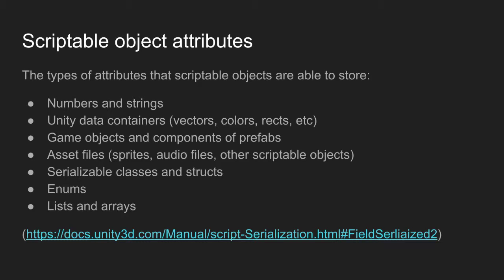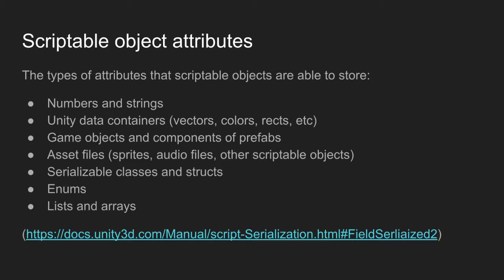You can reference serializable classes and structs, which, if you came to my other workshop, are basically classes or structs that you apply the System.Serializable attribute to, which lets you edit their values in the Unity inspector and also convert them to JSON and store them in scriptable objects and other fun stuff.